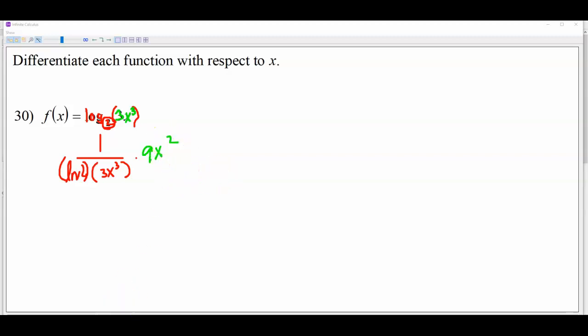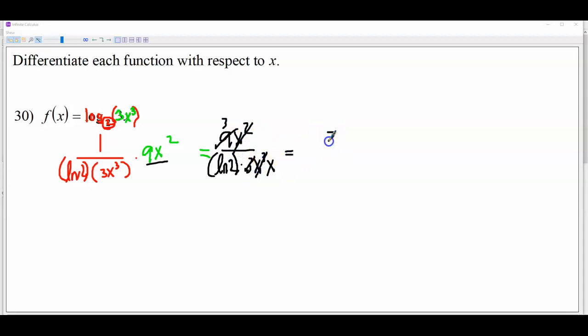And then we can go ahead and simplify this, multiplying the 9x squared times 1 on the top. We get 9x squared over ln of 2 times 3x cubed. The 3 goes into 9 3 times. The x squared goes into the x cubed, leaving x.